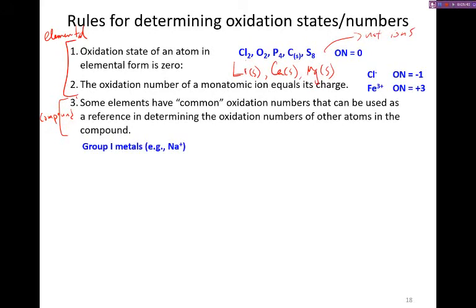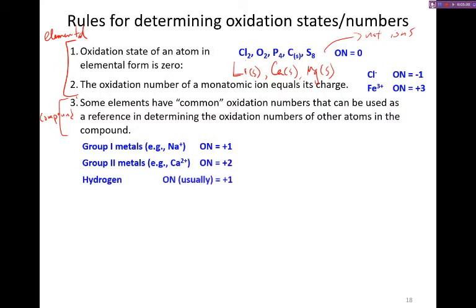For example, the group 1A metals, such as sodium, lithium, potassium, cesium, within a compound are going to have an oxidation number of +1. The group 2 metals, the alkaline earth metals, are going to have an oxidation number of +2.